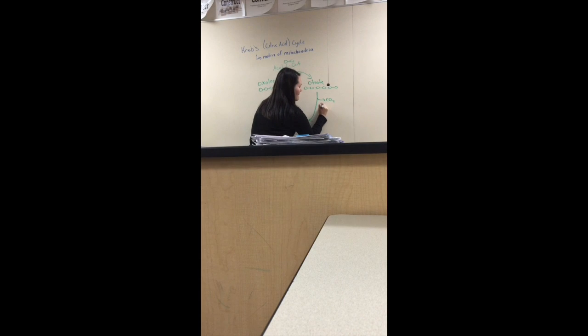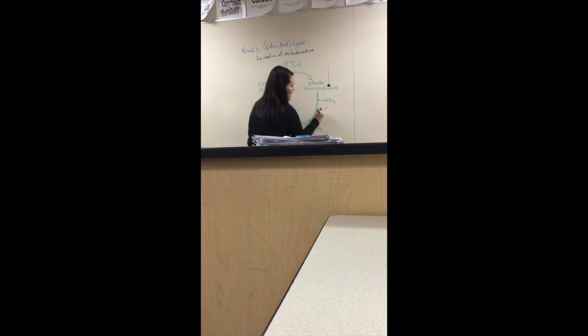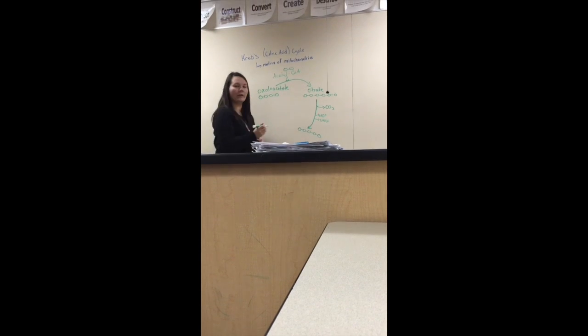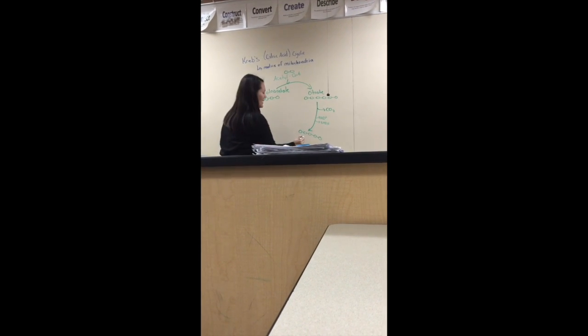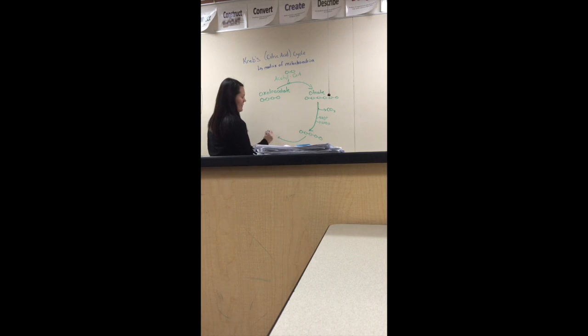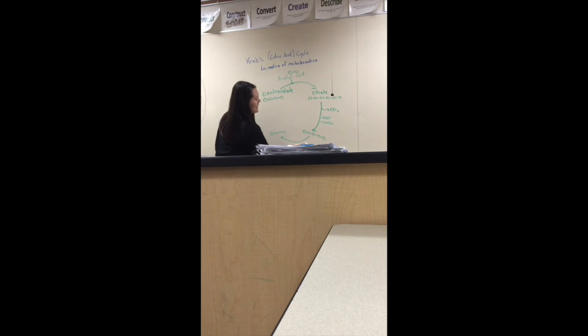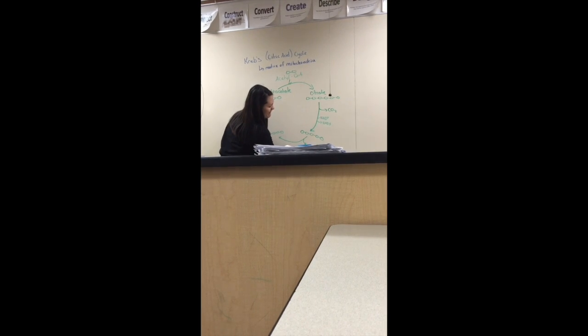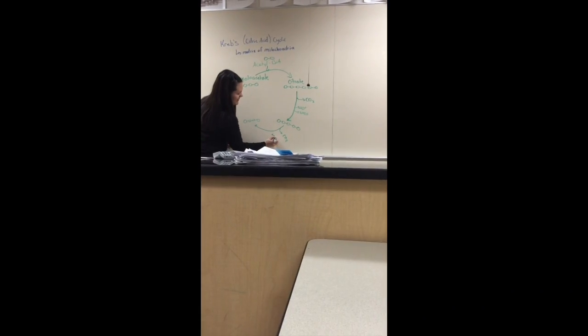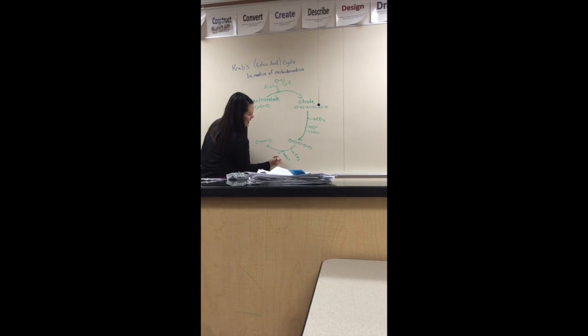NAD plus is being reduced to NADH. Good. This is going to happen again, and I'm going to end up with a 4-carbon molecule as CO2 is removed and NAD plus goes to NADH.